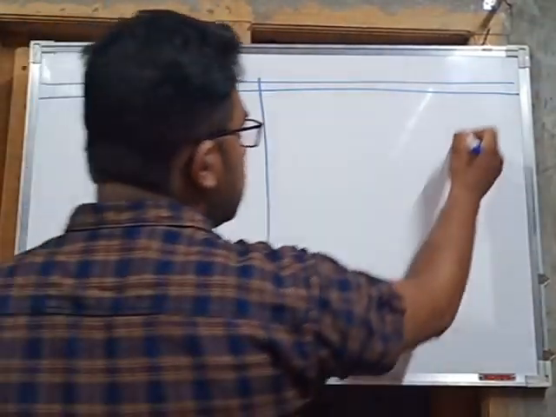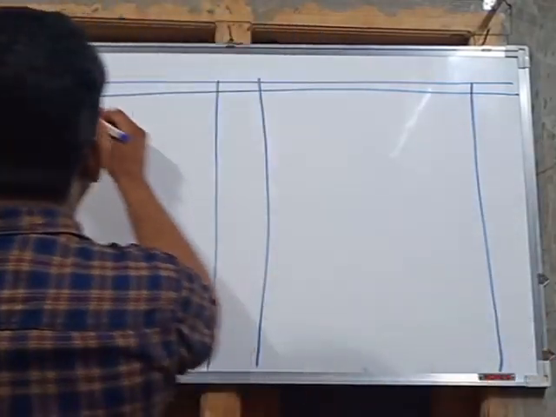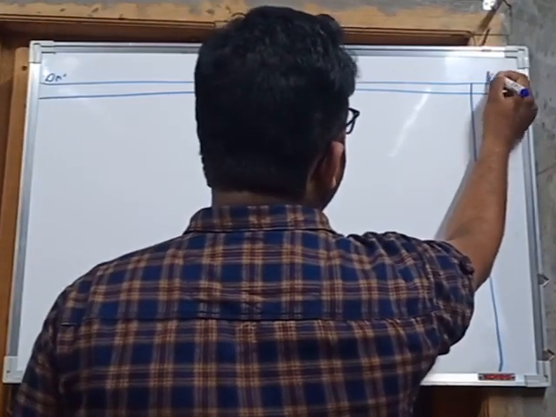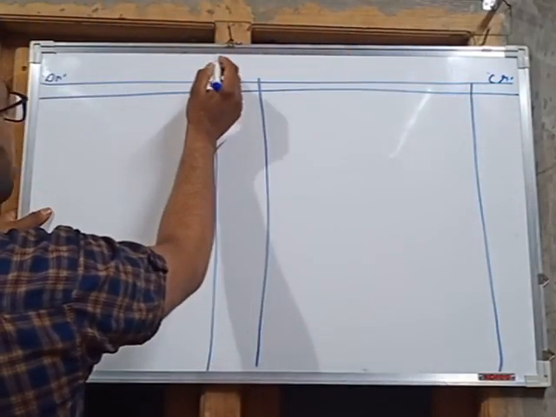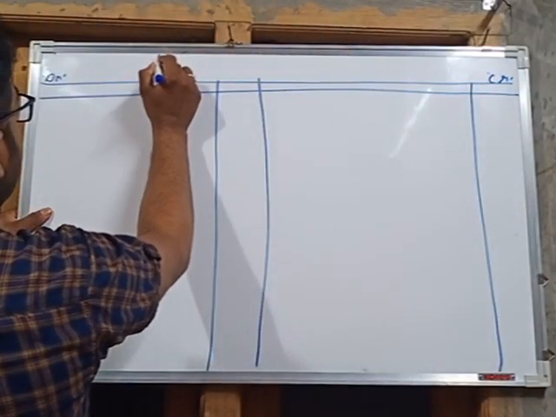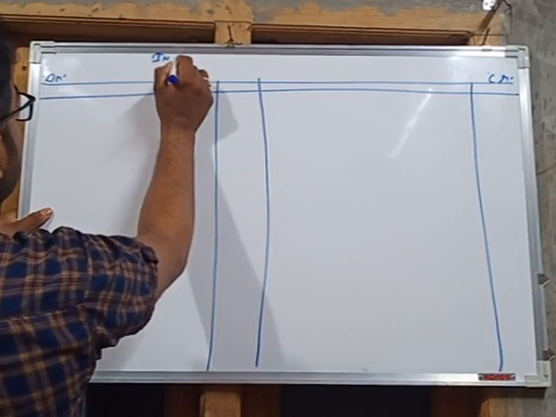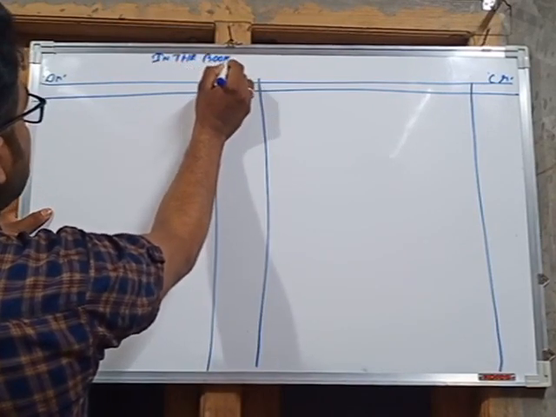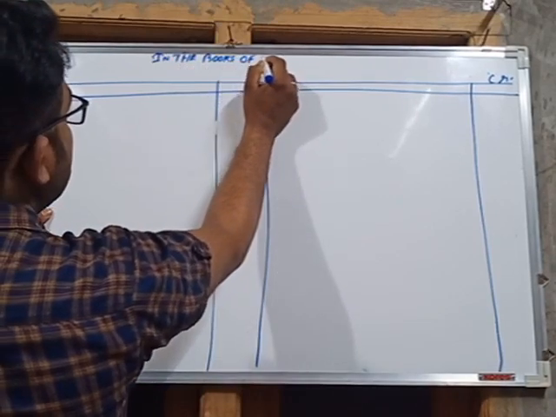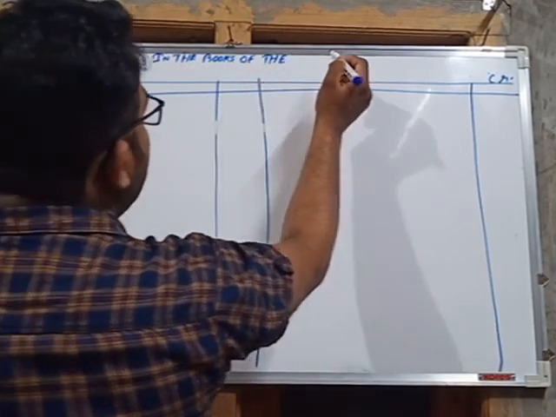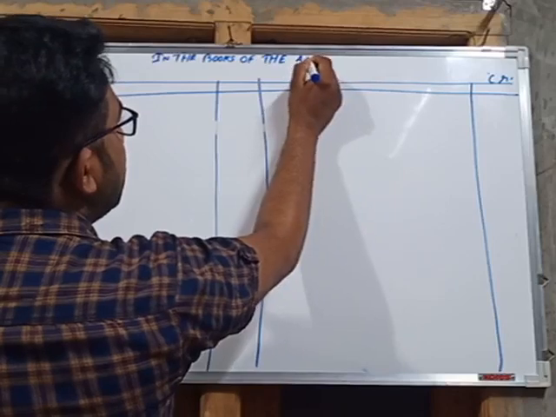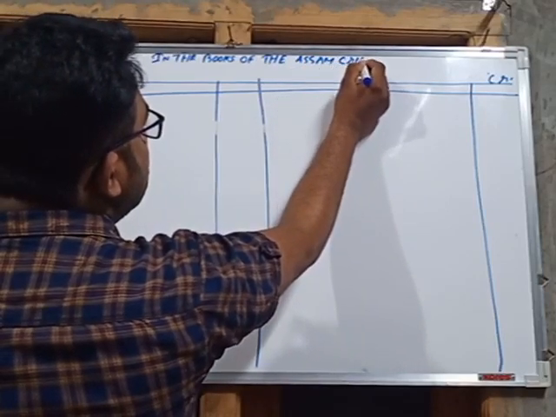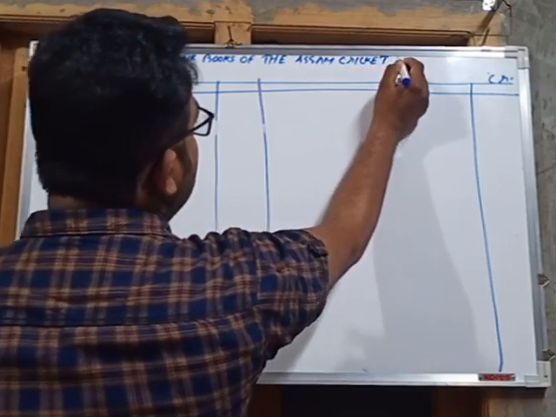One amount column on both sides, debit, credit. So at the top of the account we have to write the name of the organization. In the books of the, name of the organization was Assam Cricket Club.